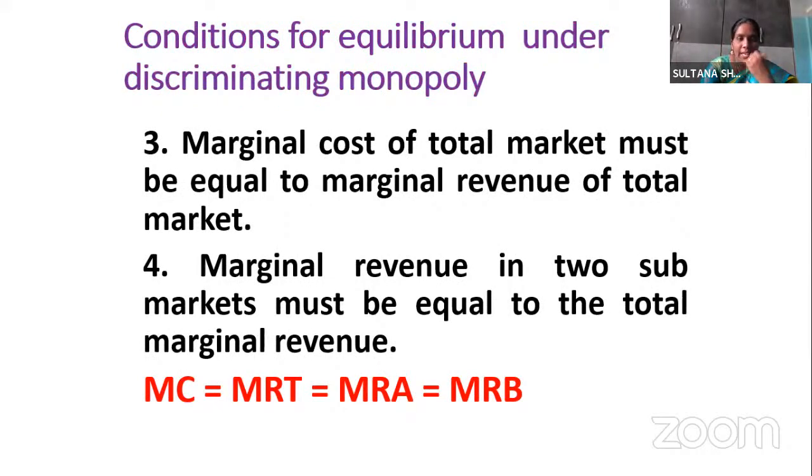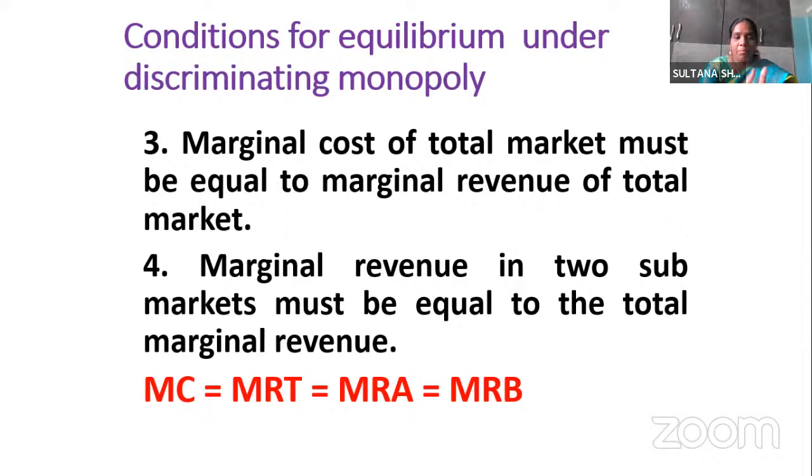Now, another conditions of firm equilibrium under discriminating monopoly. The third condition is that the marginal cost of the total market must be equal to the marginal revenue of the total market. For example, if we add market A and market B together, we get the total market. Here, the total market marginal cost should be equal to the total marginal revenue. That is the third condition.